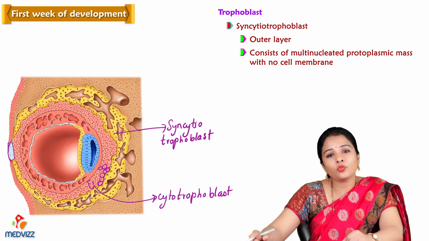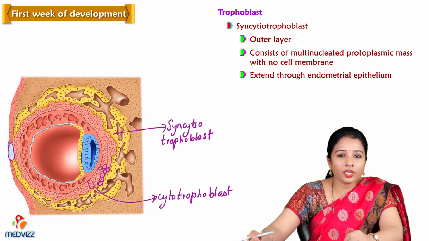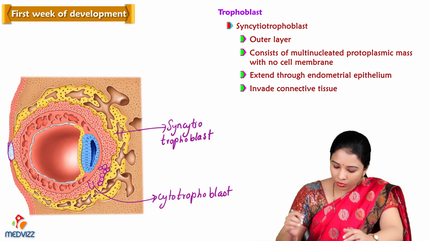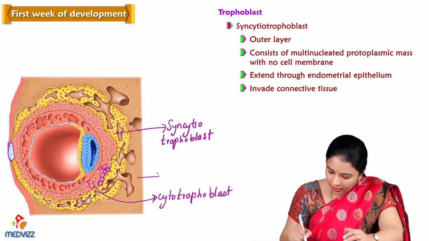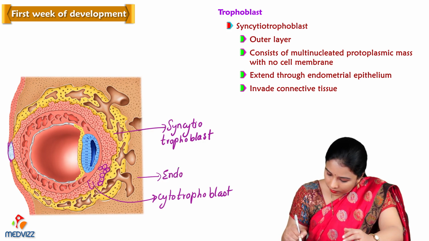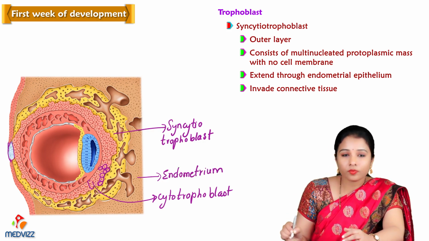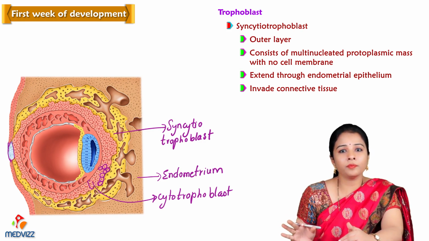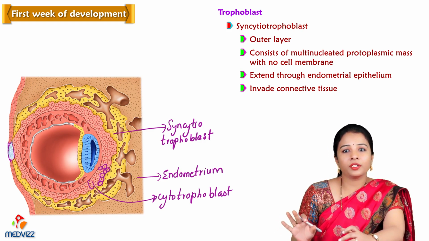And syncytiotrophoblast extends through the endometrial epithelium and invades the connective tissue. So here this is the endometrium. So it invades the connective tissue of the endometrium through the endometrial epithelium.